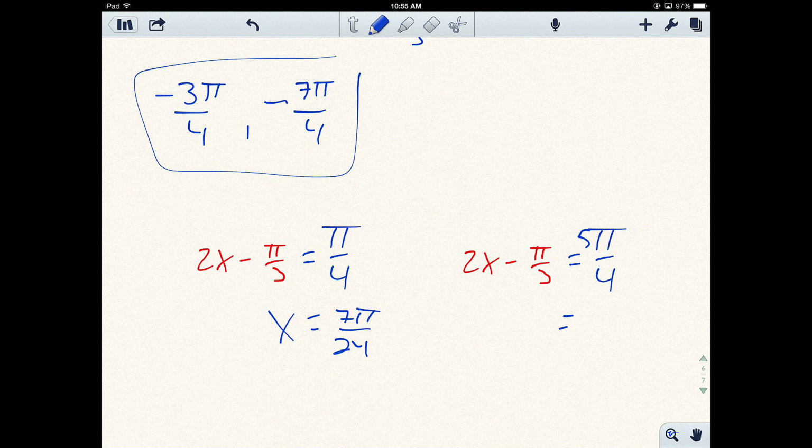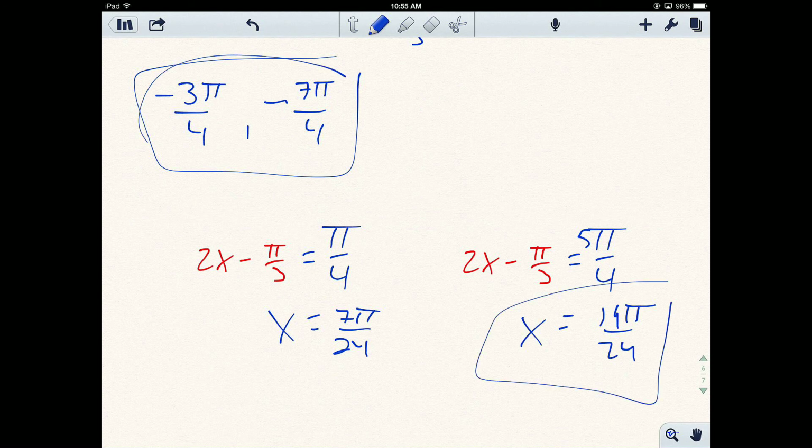Yeah, you're going to have 15 pi 12ths, and this is 4 pi 12ths. So this is 19 pi 12ths, and then when we divide by 2, this is 19 pi 24ths. You can definitely check my math on that.